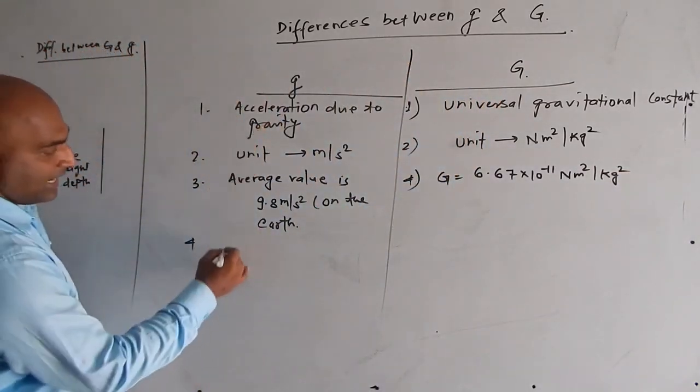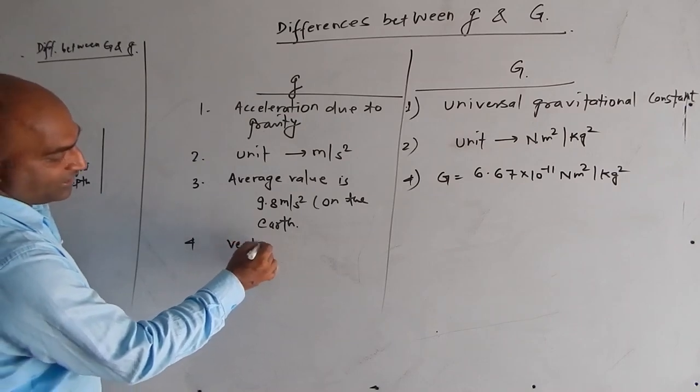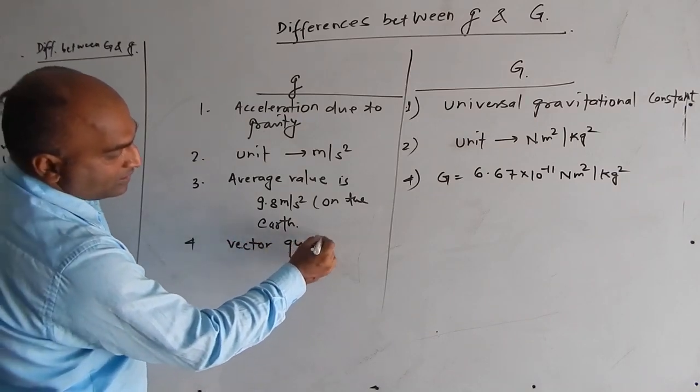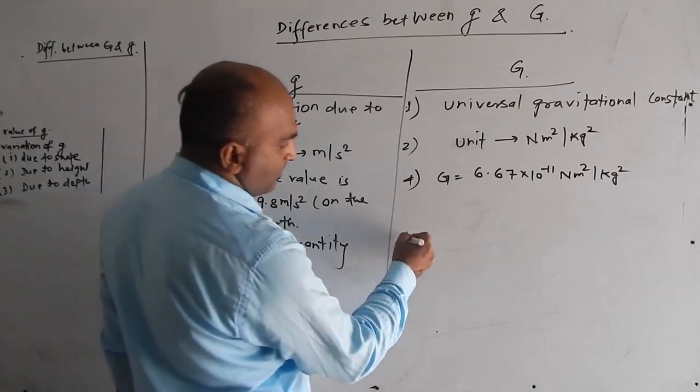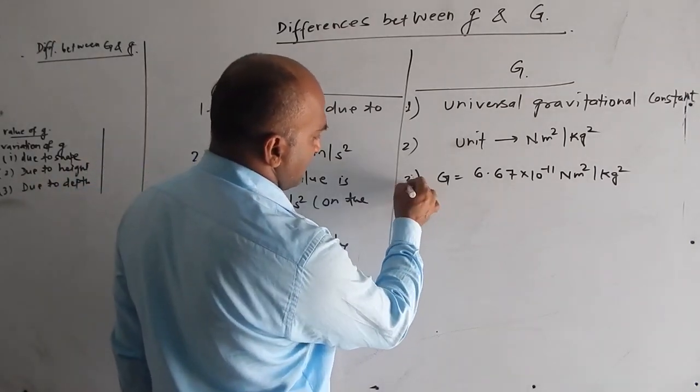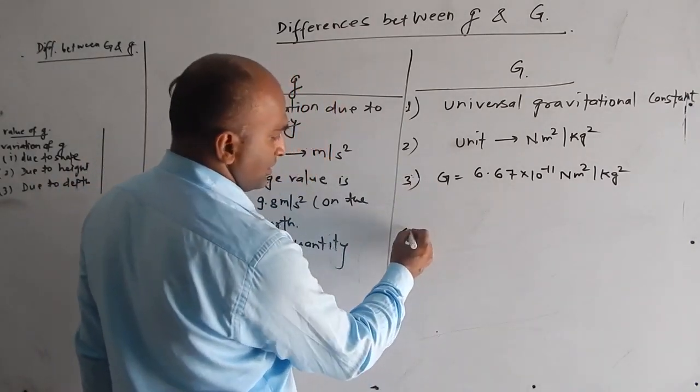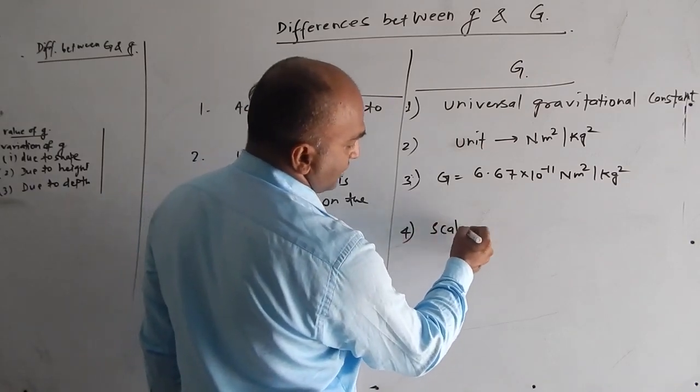Acceleration due to gravity is a vector quantity, and the universal gravitational constant is a scalar quantity.